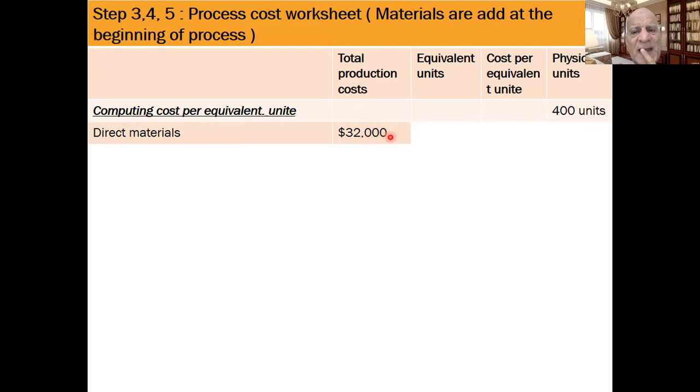And the equivalent units, which was computed in step number 2, the equivalent units from the point of view of direct materials equals 400 units. So dividing the total cost of materials by its equivalent units, we will have the cost per unit of material equals $80.